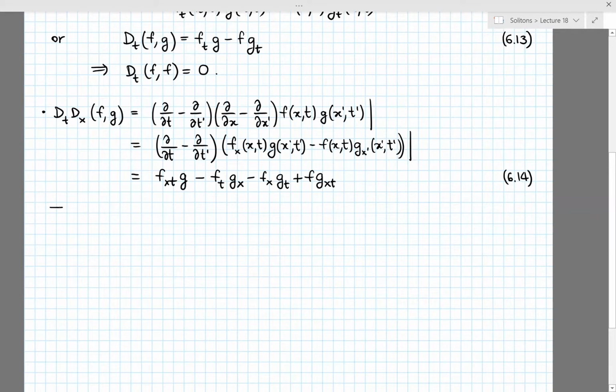And in particular, if we take g to be equal to f, we get that D_t D_x acting on the pair of functions f comma f is equal to twice f_xt from the first and the last term minus f_t f_x from the second and third term.